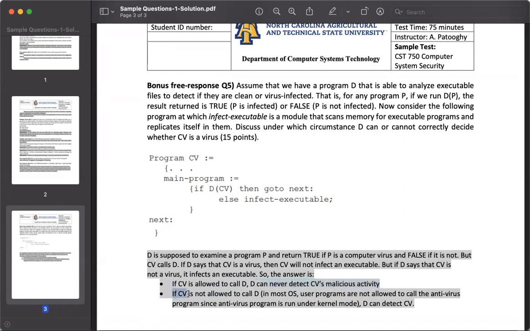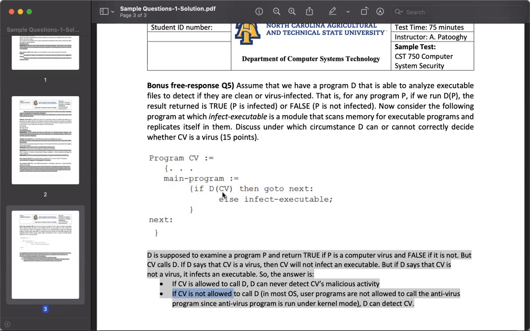But the fact is, in many cases program CV is not allowed to call D. So the moment CV reaches this line, it gets into a trap. By making this call, the operating system will realize that CV is trying to do something malicious.